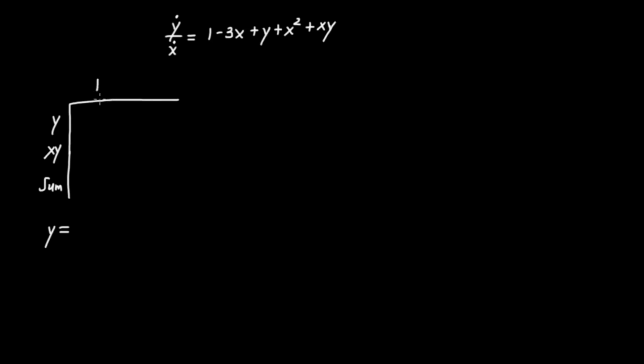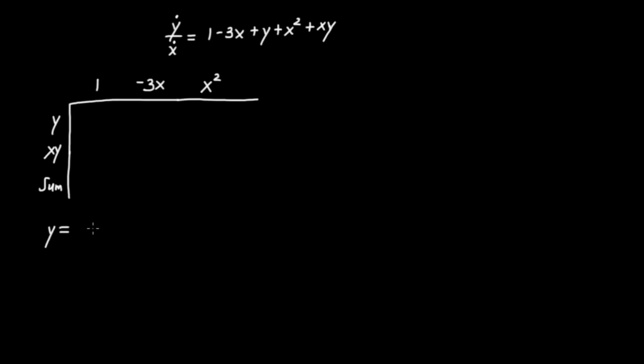I have the 1, that's going to be the 0 order term. Next, I have the minus 3x, which is going to go in this first degree column here. And then I have x squared, which is going to go in the second order column there. And now I'm going to carry out the same procedure to find the general solution of this differential equation.